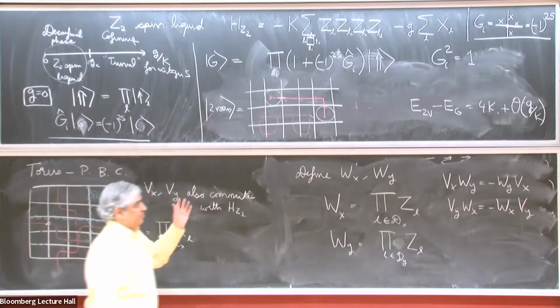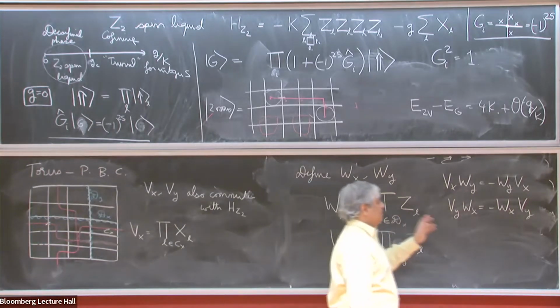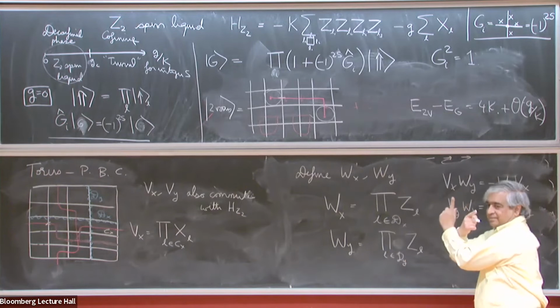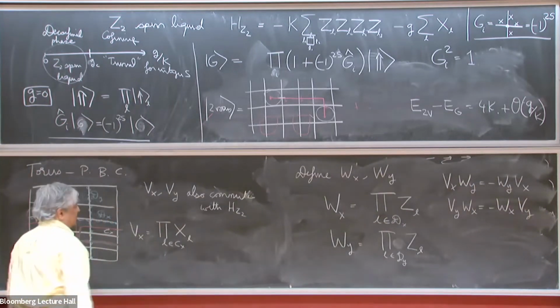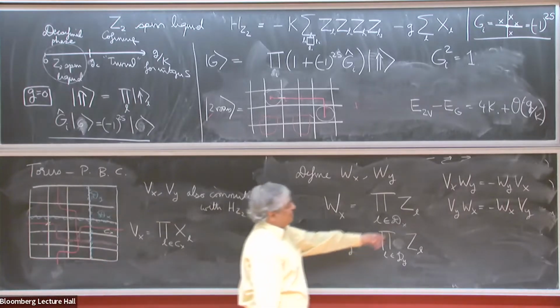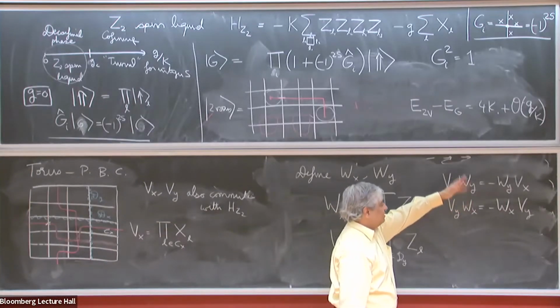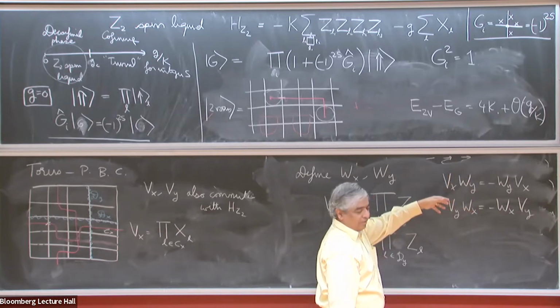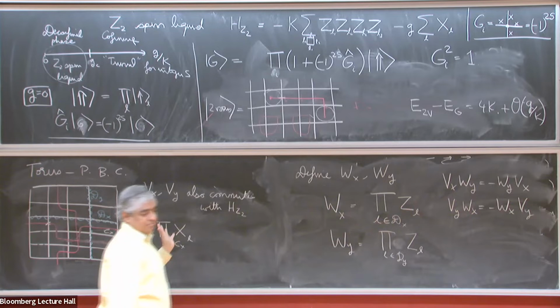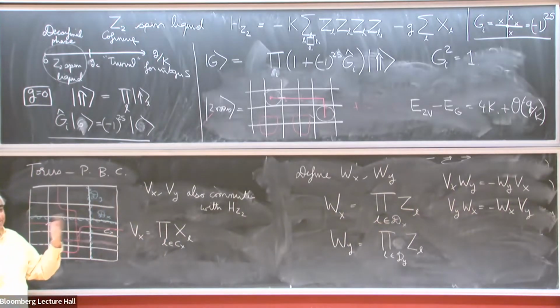So Vx commutes with Vy and Wx, but these crossed operators in the two directions anti-commute with each other. You can think of the Vx, Vy, Wx and Wy as kind of raising and lowering operators in the space of the eigenstates of Vx and Vy. The square of all these operators is 1, so the eigenvalue is only plus or minus 1.